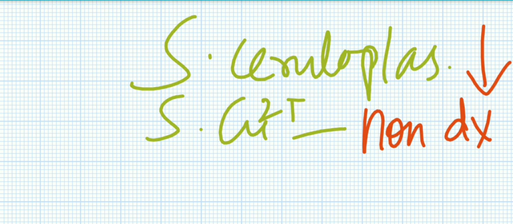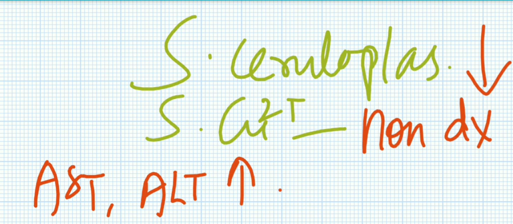It can be variable. Now what about other enzymes, ALT, AST? They will be elevated. So this is what you can see in Wilson's disease. We have said about the clinical features, we have said about the diagnosis. Hope you understand. Thank you.